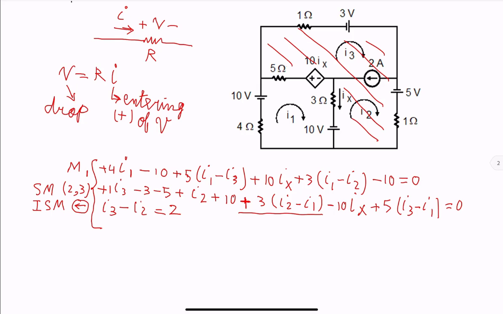The only thing left is IX. IX shows up in 2 places in the equations. So let's find IX. IX is current going down in the center branch in the direction of I1, opposite to direction of I2.